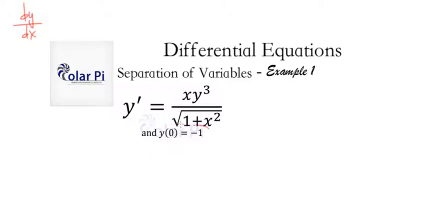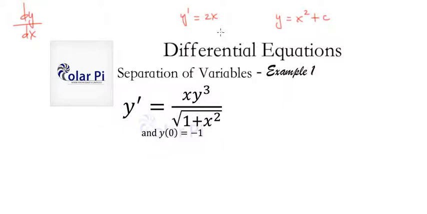And also because we're given an initial condition, we're looking for a particular solution as opposed to a general solution. So we're going to be able to determine the value of a constant so as to make the solution particular as opposed to general. That's like saying the solution to the differential equation y prime equals 2x is y equals x squared plus c, and that's true.